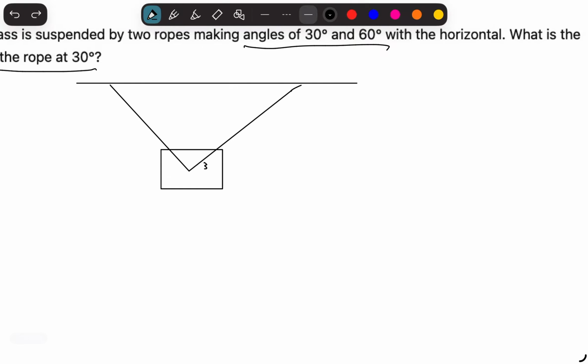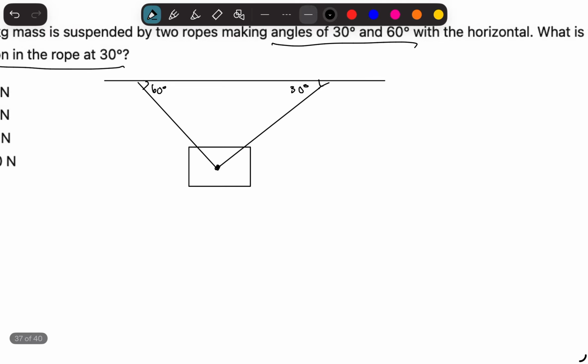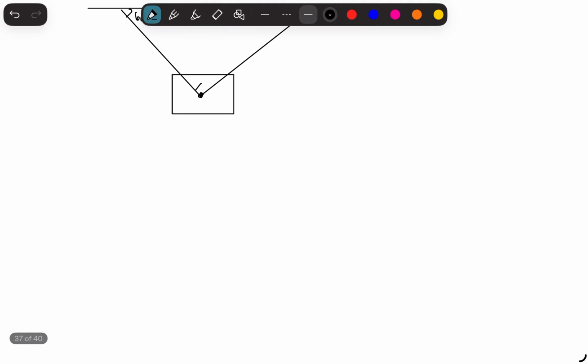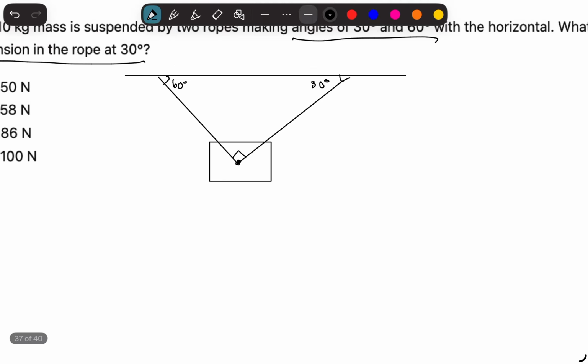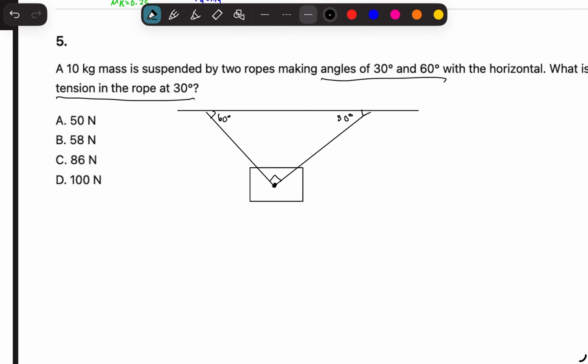Actually, that's not the angle. So if it's 30 and 60, you know that this is actually going to be 90 because it's a 30, 60, 90 triangle.